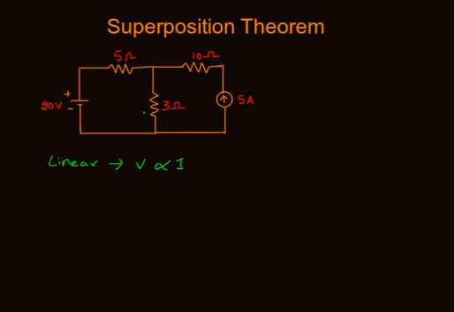So in this circuit, the superposition theorem states that in any linear network with two or more sources, here we can see two sources: one is 5 amperes and another is 20 volts.